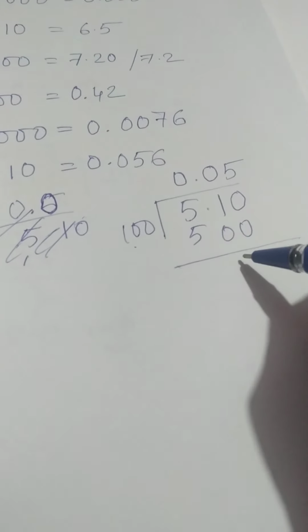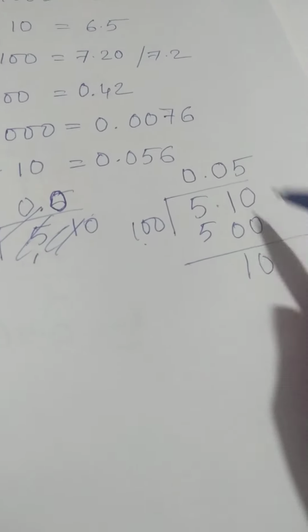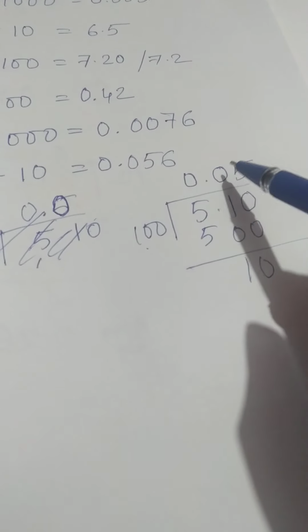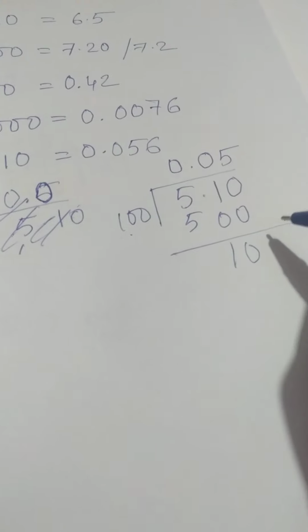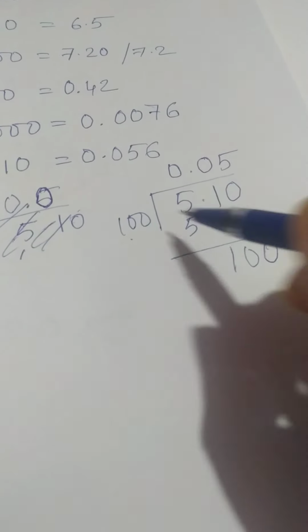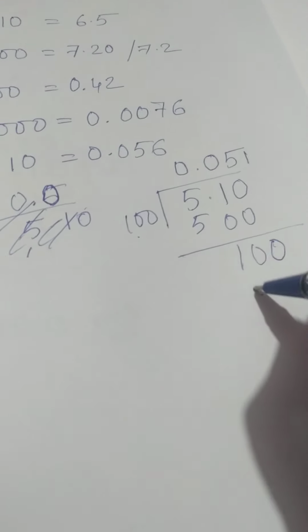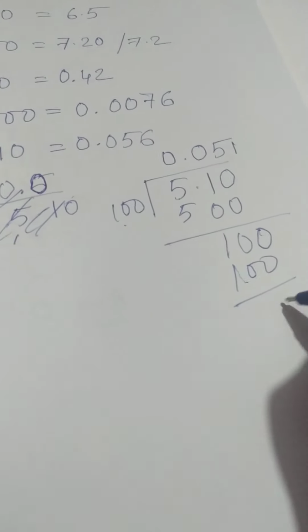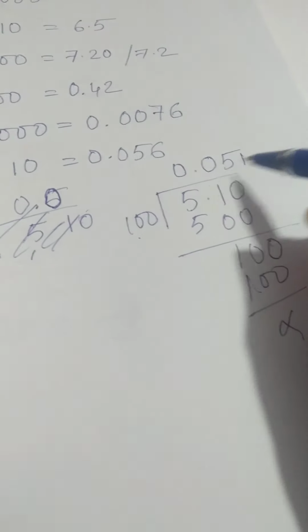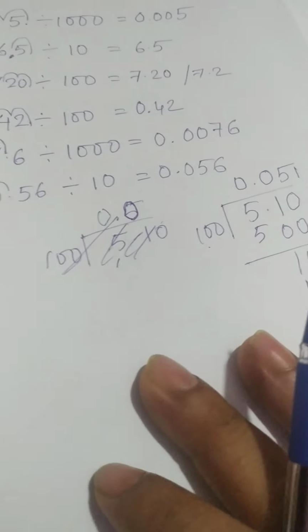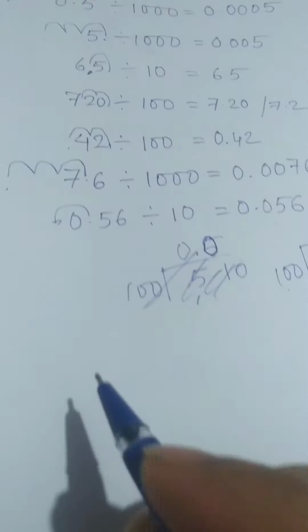So what does the remainder come? 10. Once you have used the decimal, you don't need to use any more zeros over here. You can just put 0 directly. Now 100 ones are 100. So 0.051.